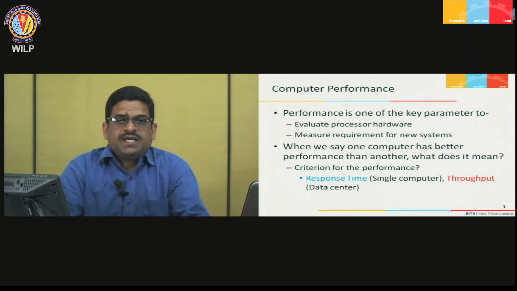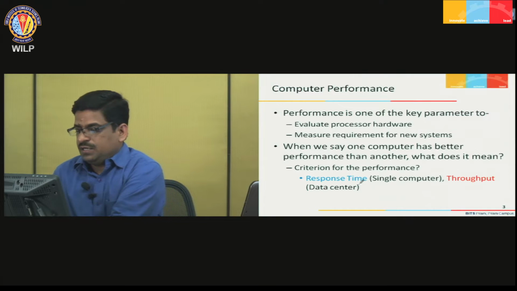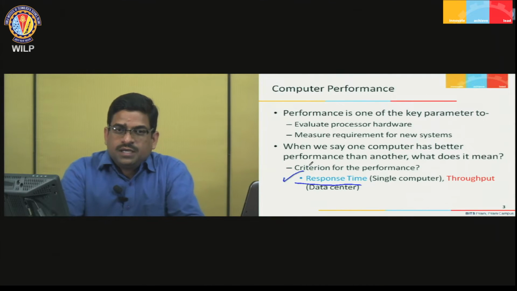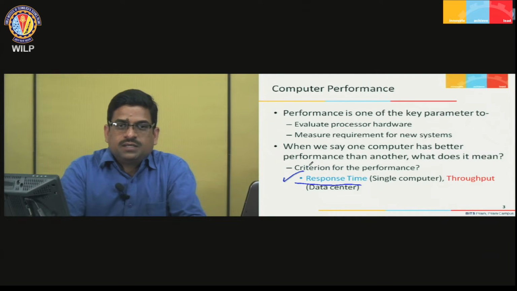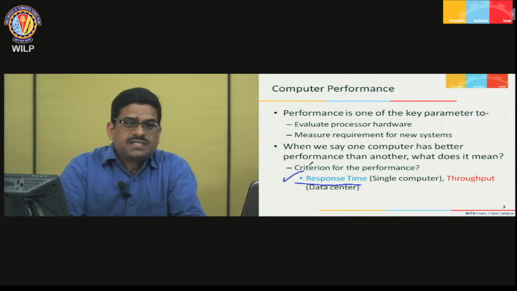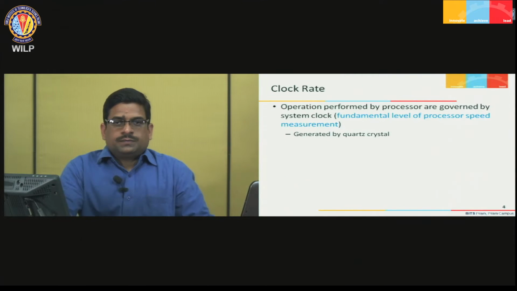So, for a single computer response time can be one of the criteria. I am not saying this is the only thing, but let us say response time is the criterion, and for a data center, throughput can be a better criterion for measuring the performance. So, it depends on the context.